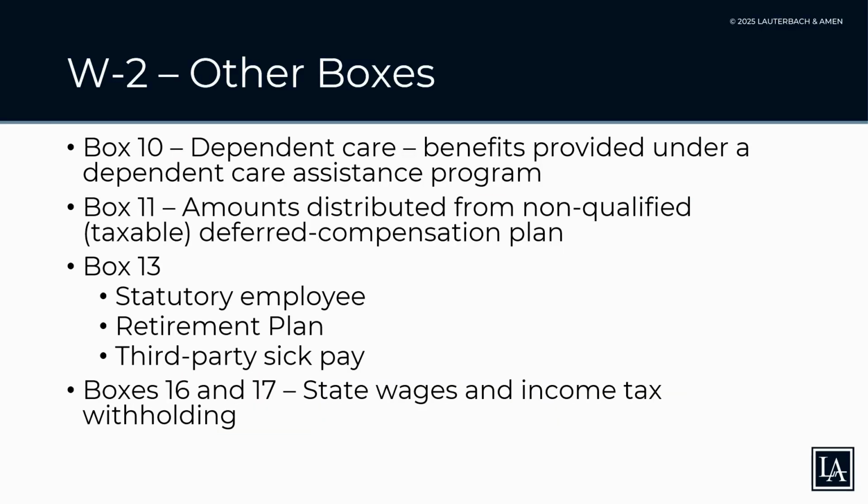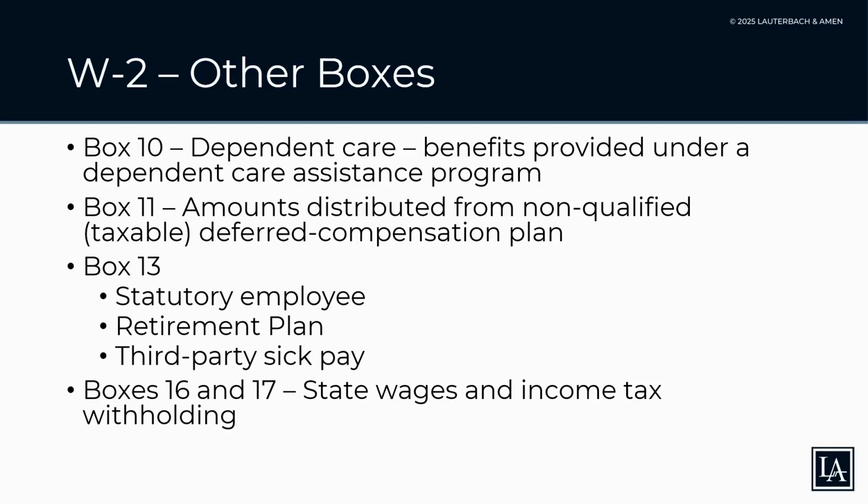On the other boxes, once we get past all of the admin information, the names, the addresses, box number 10 is for dependent care. So benefits given under a dependent care program, you would list those amounts within box 10. 11 is for non-qualified compensation plans, deferred compensation plans. 13 has a few different things. 13 would be a statutory employee, so an independent contractor that is sometimes treated as an employee.